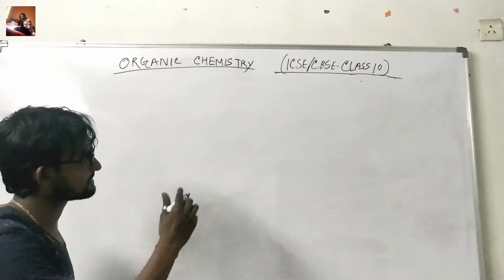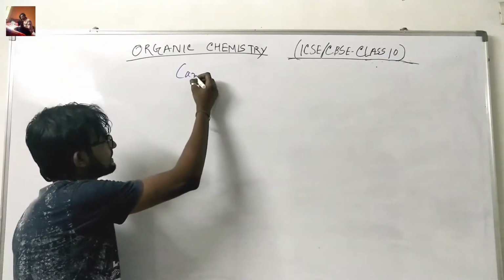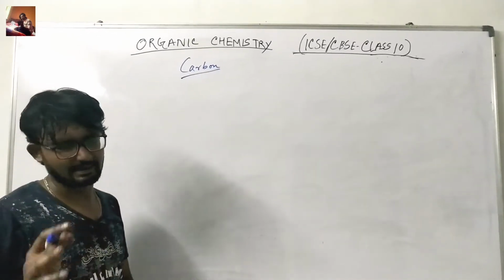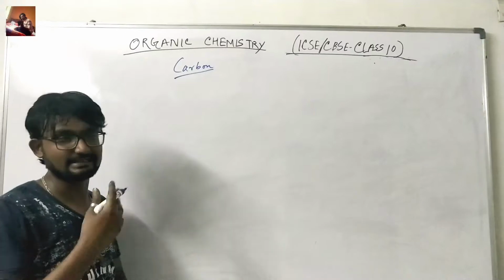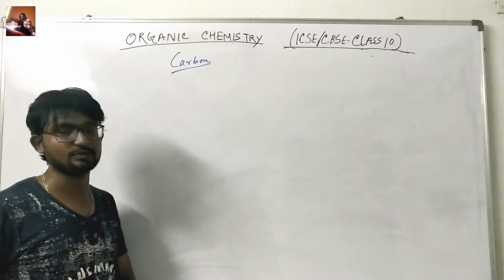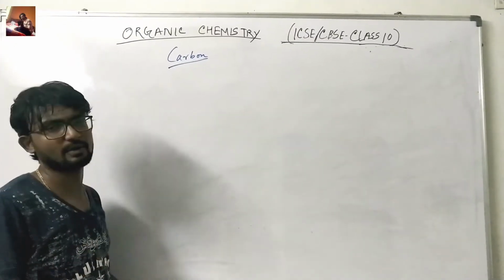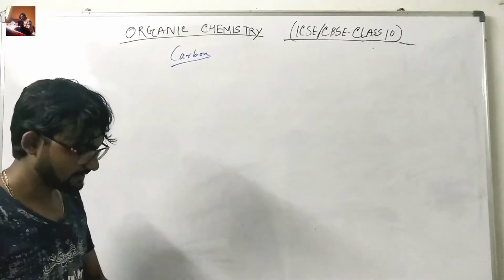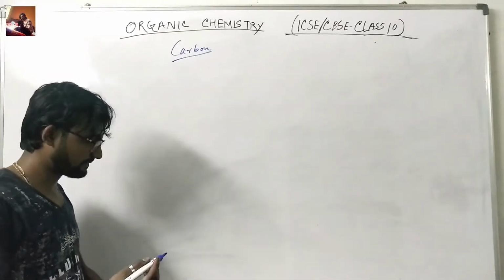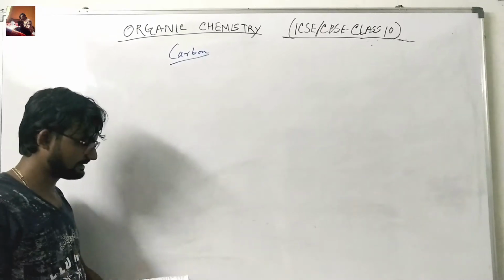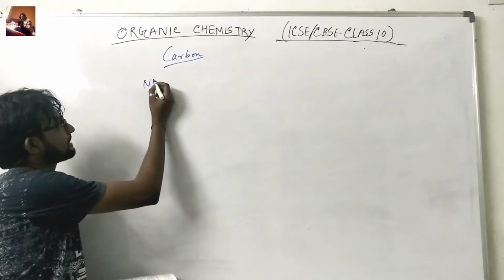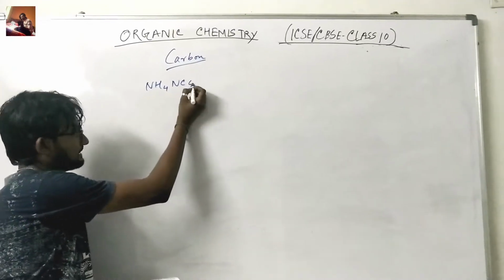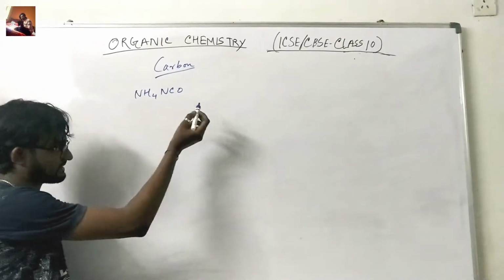So it is related to one thing, that is carbon. The chemistry that is involved in synthesis, transformation, composition, properties of any compound that is comprised of carbon is organic chemistry. For example, if I write one equation, NH4NCO, it is nothing but ammonium cyanate.